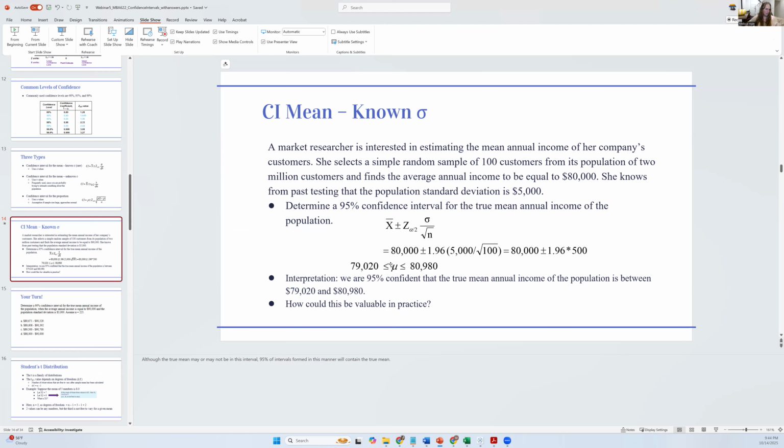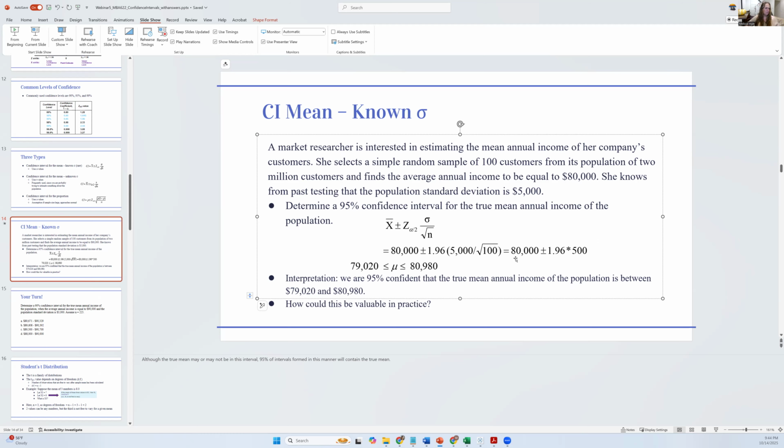So the confidence interval is 79,020. You're 95% confident that the true mean of the population, the true annual income, is somewhere between 79,020 and 80,980.